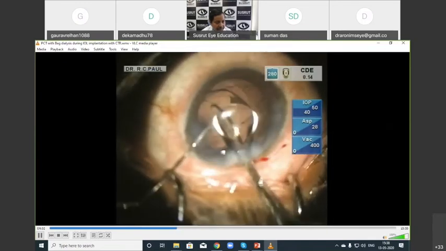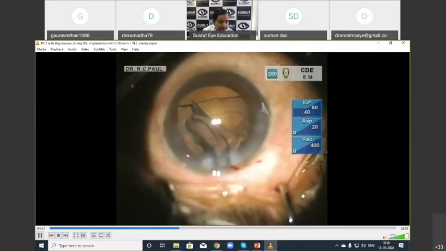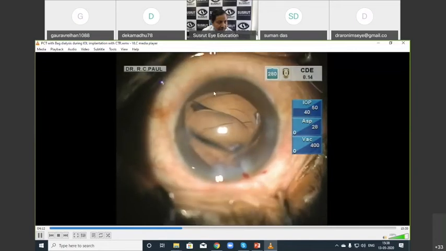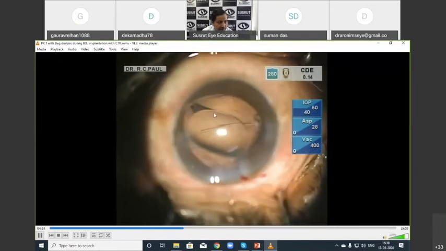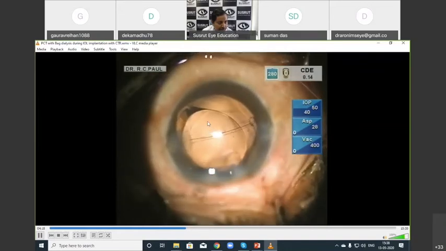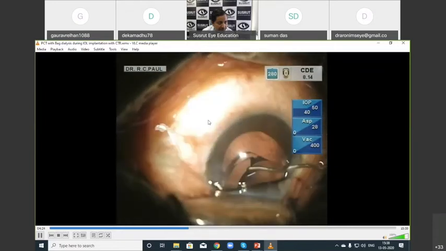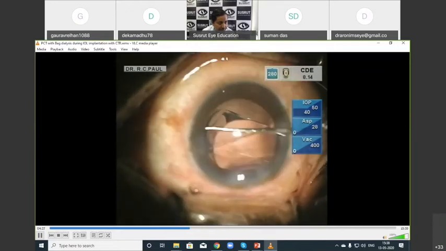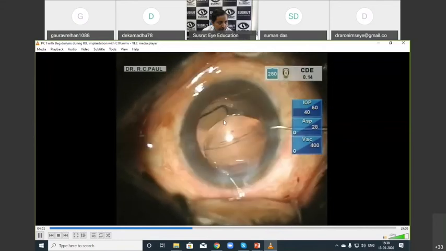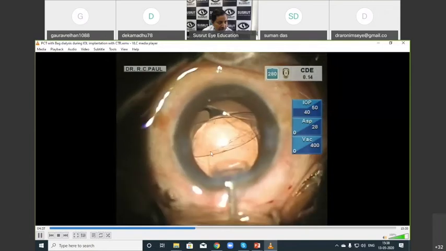But as the patient is under topical, we cannot help experiencing some pain. But you can see again after introduction of the IOL, this bag is trying to come out. Means there is a huge zonular dialysis. Now, these portions of the IOL have really gone to the vitreous cavity, so trying to retrieve it. And behind, about half the capsular bag has come out.